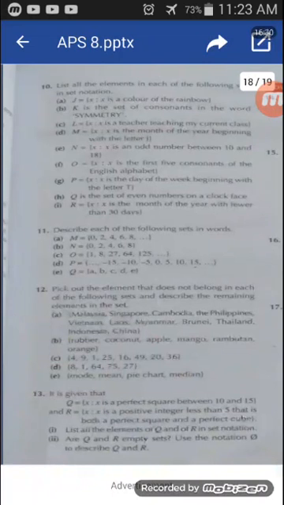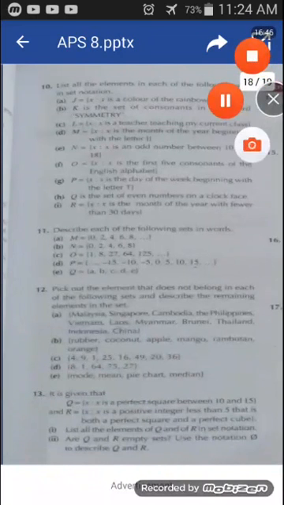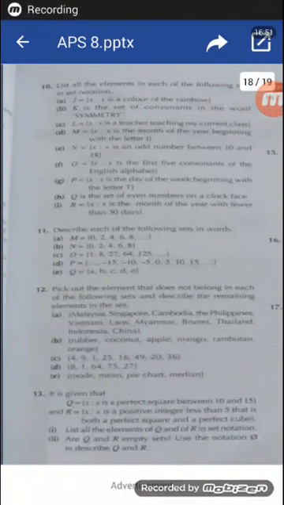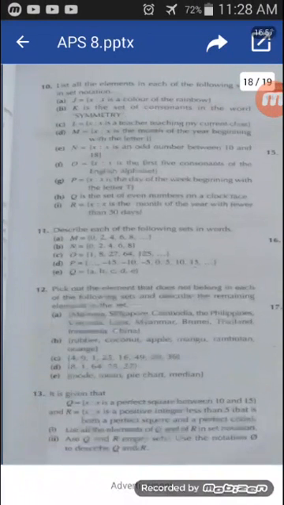The answer of the Q set is perfect squares between 10 and 15. So you write it as square of 11, square of 12, square of 13, and square of 14.